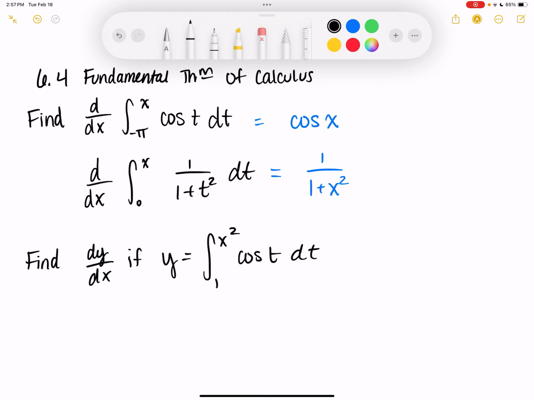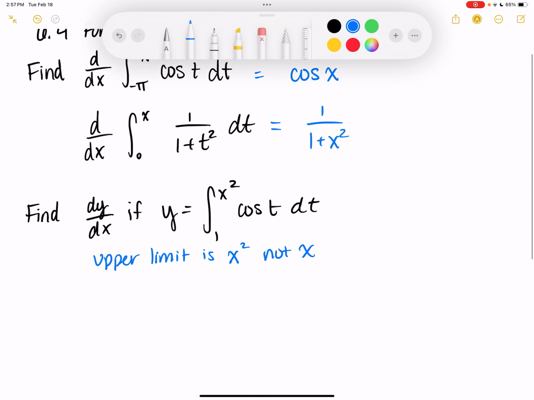There's a 1 and an x squared, and a negative pi and an x. So this isn't just an x. The upper limit is x squared, not x. So that means that y is a composite function.